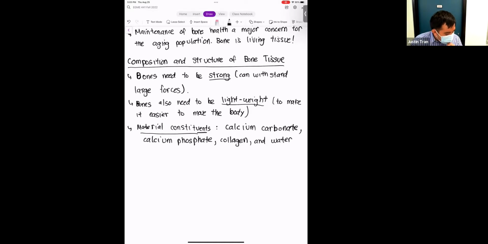All right, and so each of these different materials plays a different role in establishing the material and the properties of bones. As you can imagine, both the calcium materials here add to the bone strength.